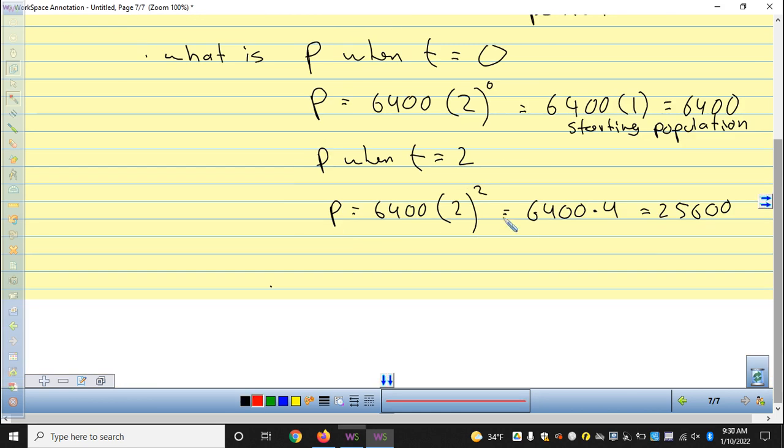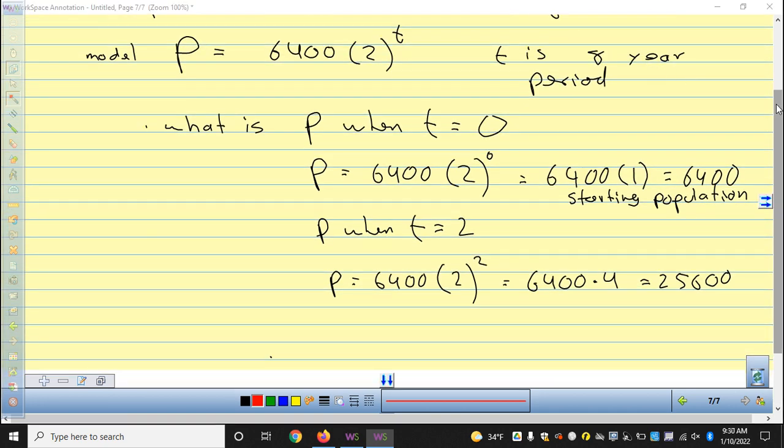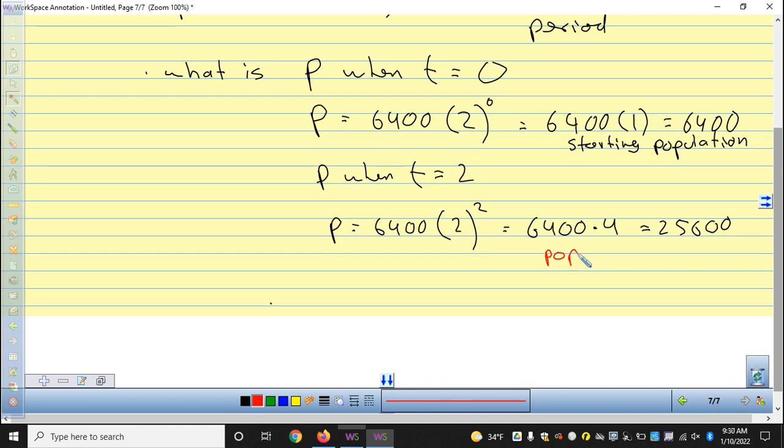Well, what about when T equals 2? What is that telling us? The population after how long? 2 8-year periods, or 16 years. This is the population after 16 years, 2 8-year periods.